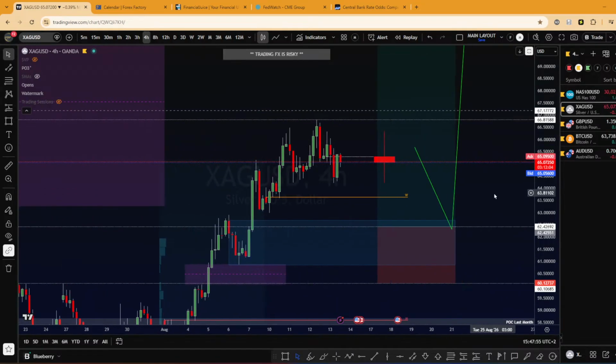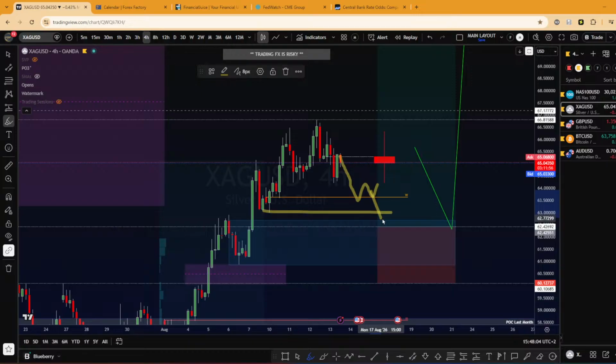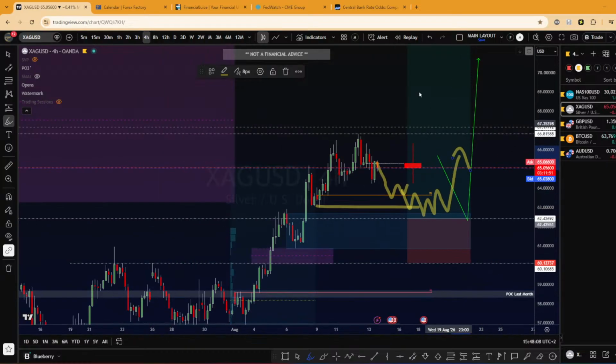Okay, I want to see maybe some sort of rebound off of this level, rejection of this level, retest of this demand, and then I will be happy to buy clearly.